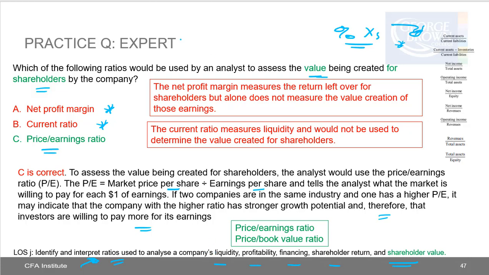Okay, so that was an expert question, but again, I don't think that was too difficult. If you get up to speed, a little bit of memorization you need to do with regards to the categories of the ratios and what ratios the CFA Institute Investment Foundations program is looking at with regards to financial statement analysis.